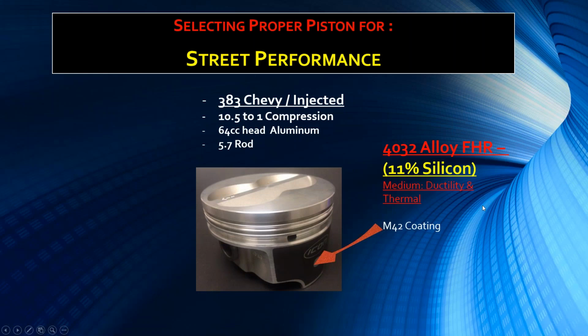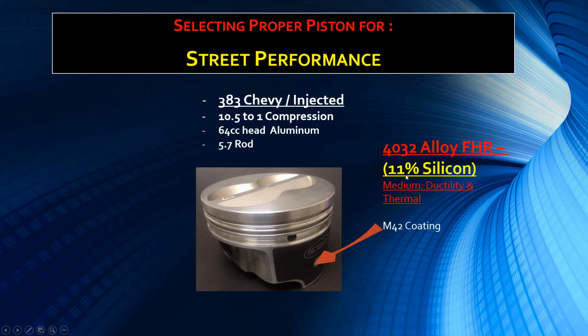Looking at a few of the actual applications, here's a 383 Chevy. It's injected, 10.5 to 1 compression. There's the head volume, and it's a 5.7 rod, all very popular. One of the options, and one that works for the performance side, is again the 4032 alloy.